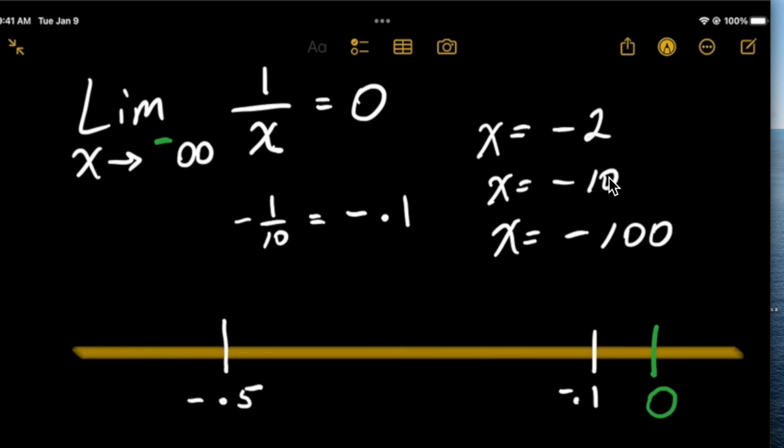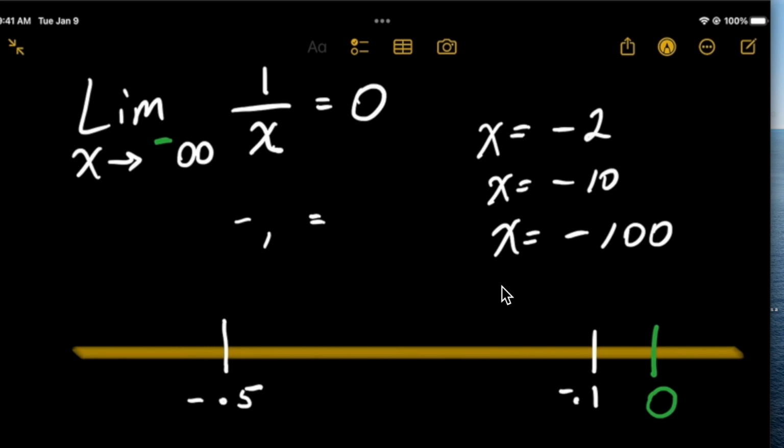Look what happened. As our x value got larger, the entire fraction gets smaller, but that means you're moving a smaller distance away from 0. So by increasing the x value, you moved closer to 0 from step 1 to step 2. Now we're going to do step 3, -100.